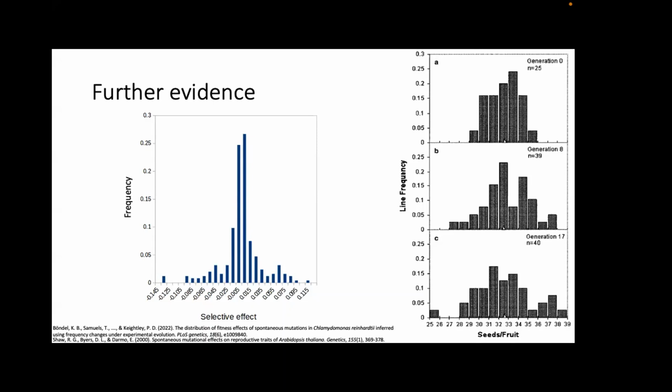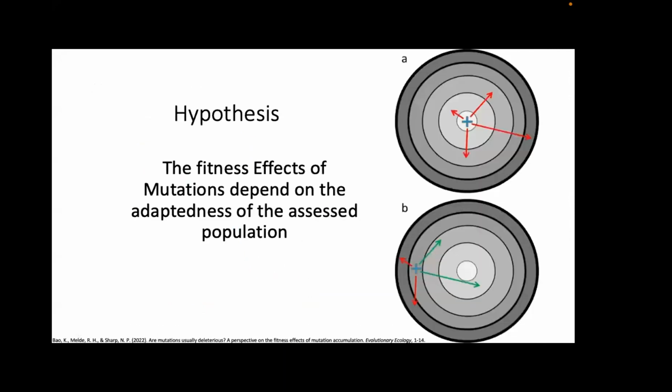Well, the hypothesis has long been that the fitness effects of mutations depend on the adaptiveness of the population, right? So if you look at the figure, if we take the cross to represent a population on a fitness landscape, and I'll go a little bit more into that, organisms who are higher on the fitness peak have a higher fitness.